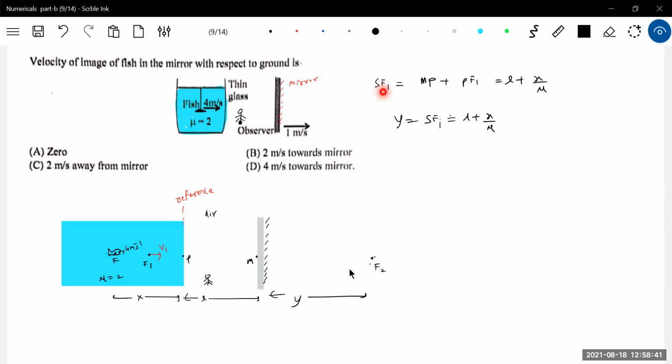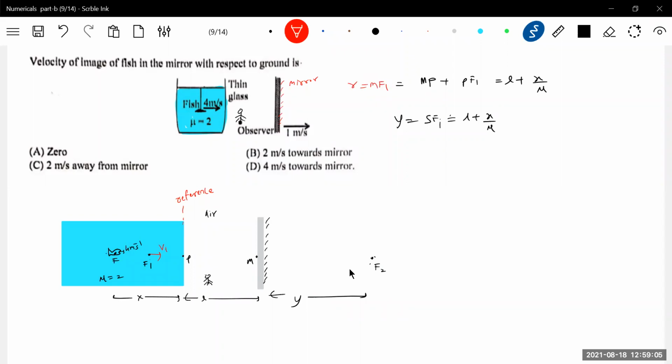This should be MF1, sorry. This we are going to differentiate.